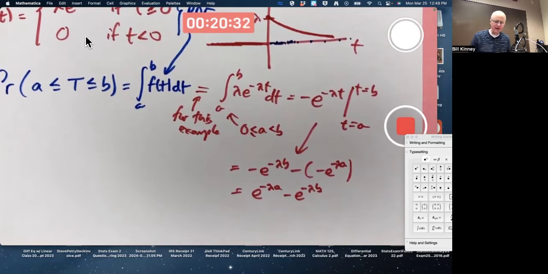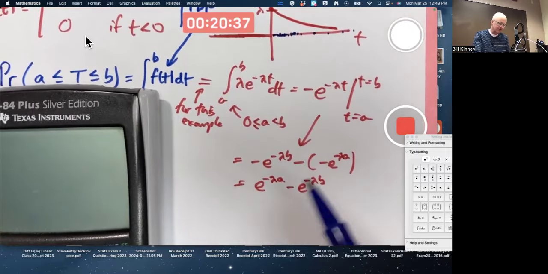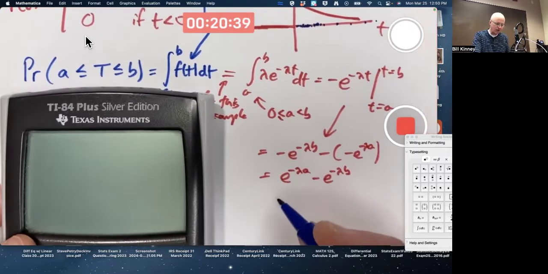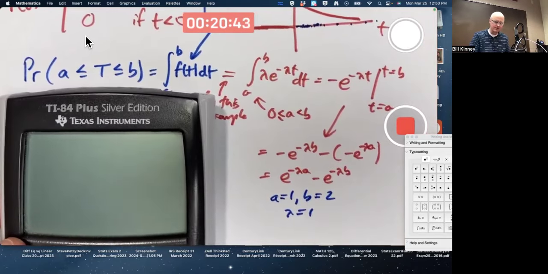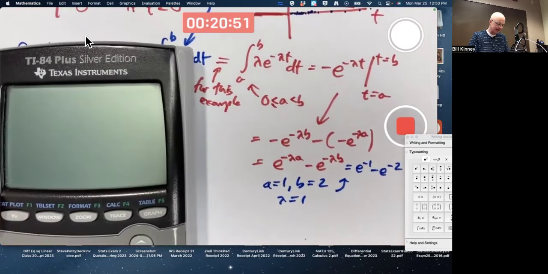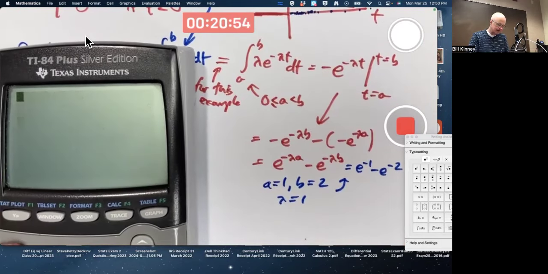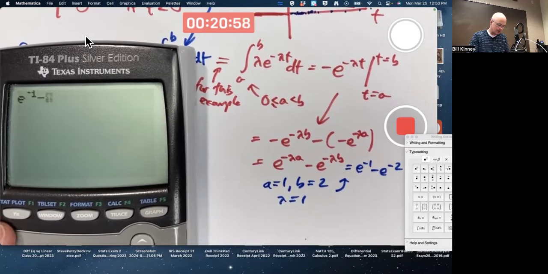As one example, if I pick particular numbers, I can evaluate the value of this function. For example, if I pick a to be 1, b to be 2, and lambda to be 1, I'm going to get e to the negative 1 minus e to the negative 2.